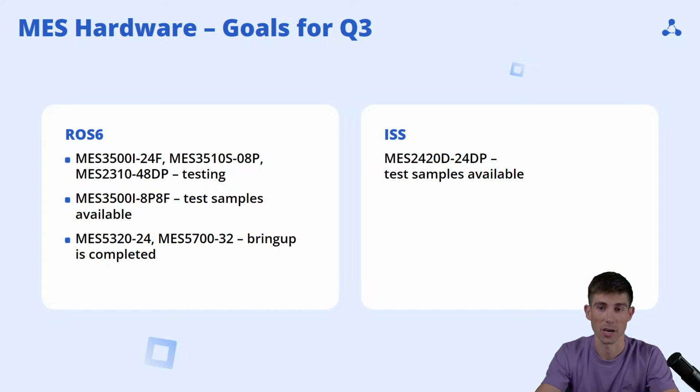As far as ISS goes, there are testing samples available for MES 242020D-24DP. It's a PoE switch, which is a multi-gigabit one.